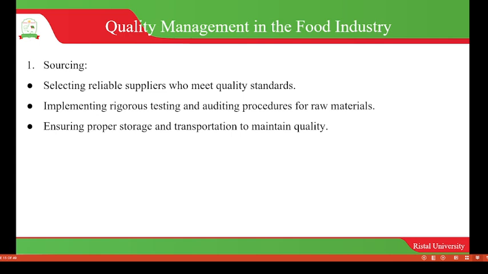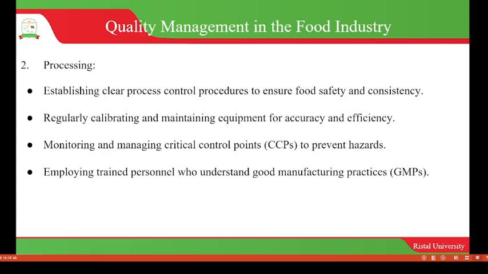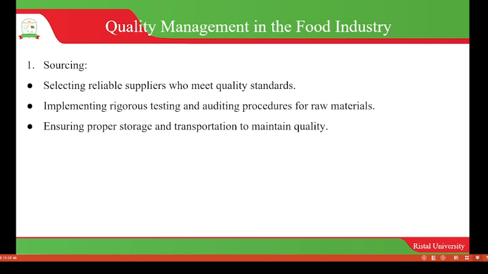Quality management in the food industry. Quality management is very important in the food industry, be it at the point of sourcing, processing, or packaging. So during sourcing, when we are sourcing for raw materials, the following considerations have to be taken. Select reliable suppliers who meet quality standards.